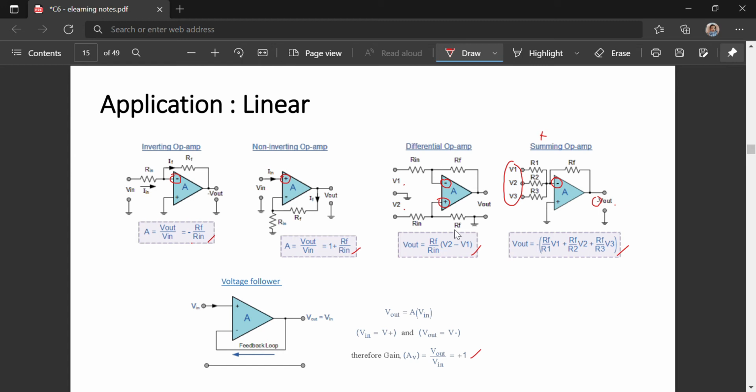So we can use the op-amp to protect our input circuit from our output, so that it won't destroy or damage the input circuit.